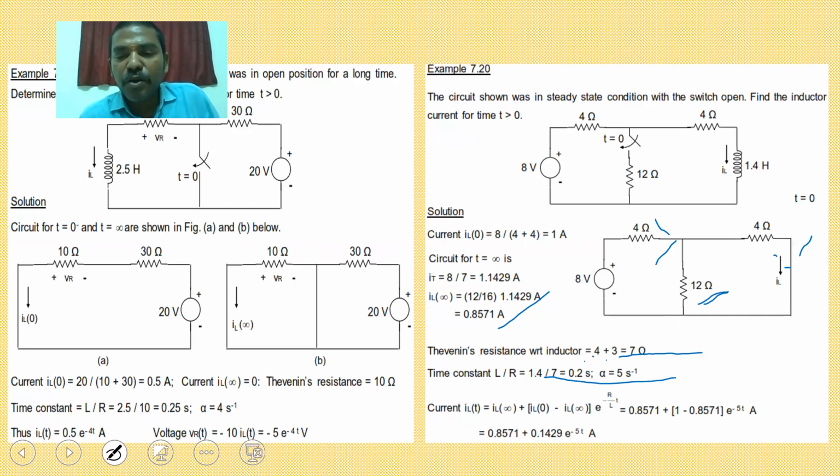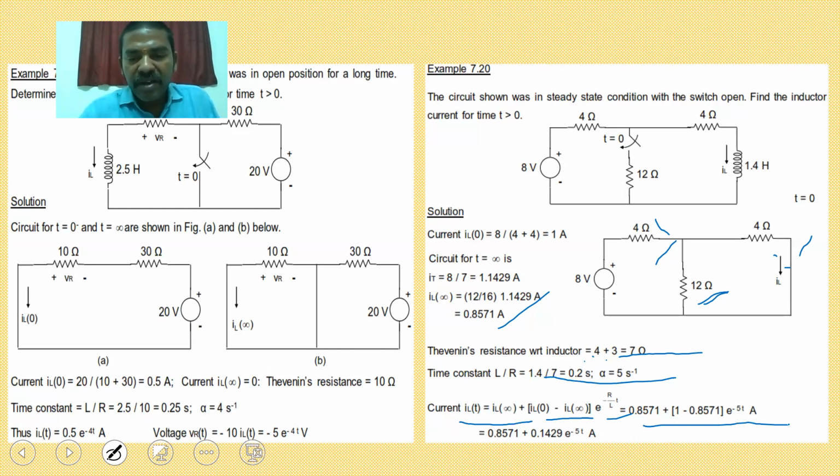So you can get 0.2 seconds, or R by L, or 1 by tau value, is 5 per second. Then the inductor current is equal to IL of infinity plus IL of 0 minus IL of infinity e power minus t by tau. So you can get 0.8571 plus 1 minus 0.8571 e power minus 5t.